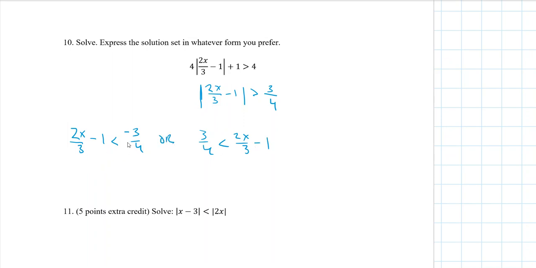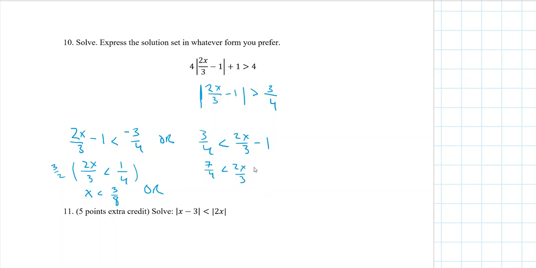This one, I just add 1 to both sides, gives me 2x over 3 is less than, if I add 4/4 to minus 3/4, I get 1/4. And now I can multiply through by 3 over 2. That makes this side x and this side 3/8. Or, same process over here, add 1, this gives me 4/4 plus 3/4, gives me 7/4.